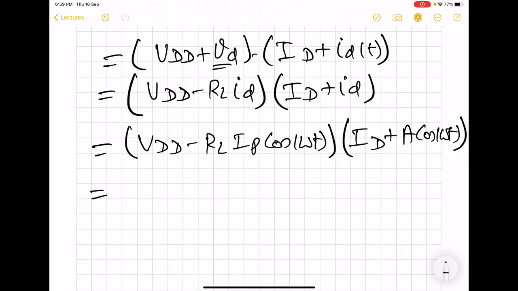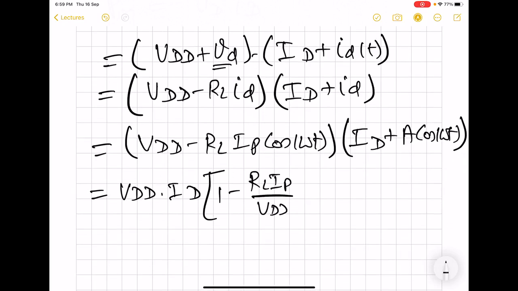Right. So we can now take this VDD and ID common. So we get 1 minus RL IP by VDD and 1 plus A. Sorry, this is not A, rather IP.